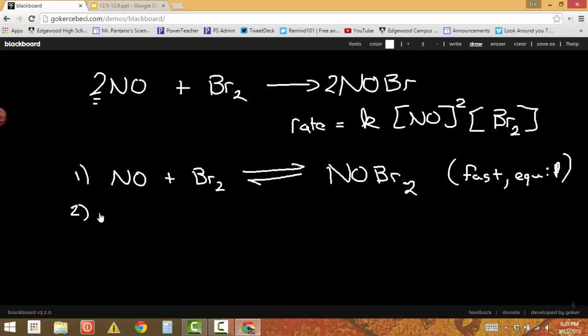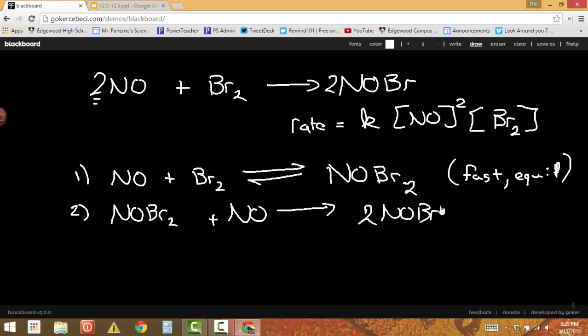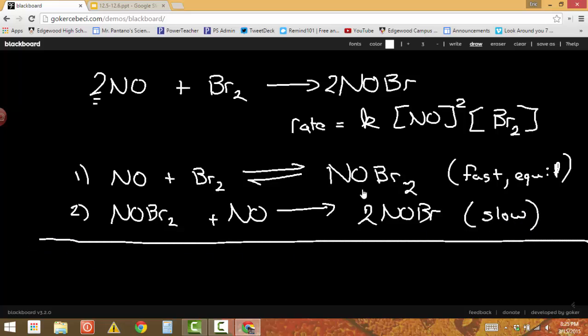The second step is this NOBr2 reacting with another NO to produce 2 NOBr. And that's very slow. Okay? Now, again, if I cross out the things that show up on both sides, I've got my total reaction up there.